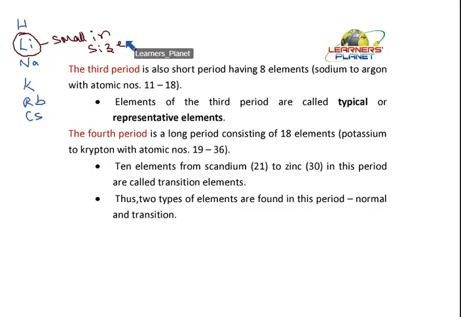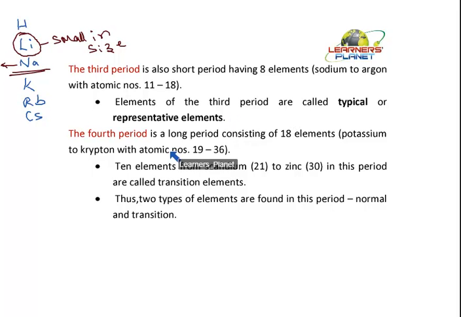That is, its properties are different from the elements of this group. But the property of sodium is also present in potassium, rubidium and cesium. This doesn't show any anomaly. So elements of the third period are called representative elements. Elements of the second period show anomalous behavior, that is, a behavior different from the other elements of the group.